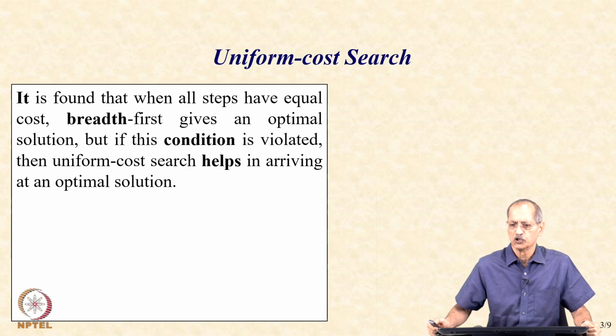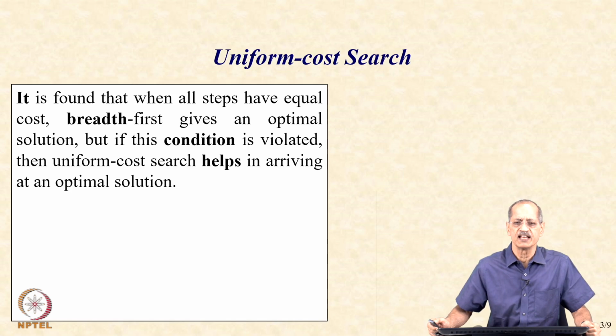Now, it has been found that if all the steps have equal cost, then the breadth first process that we have looked at gives an optimal solution, but in case the various steps have different costs, then another strategy called uniform cost search helps in arriving at an optimal solution.